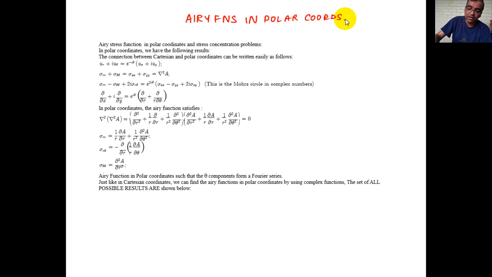The second thing is complex variables are simpler than 2D vectors.